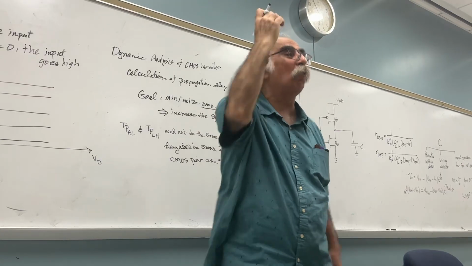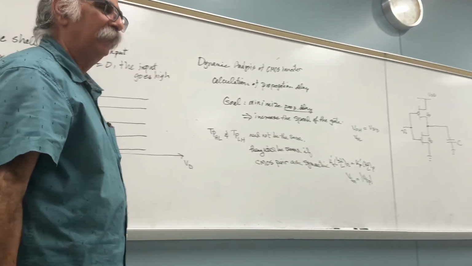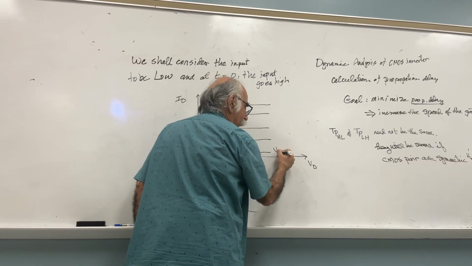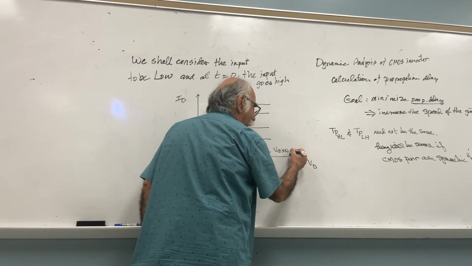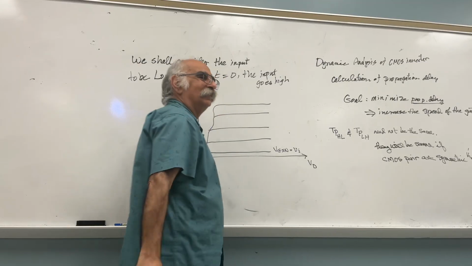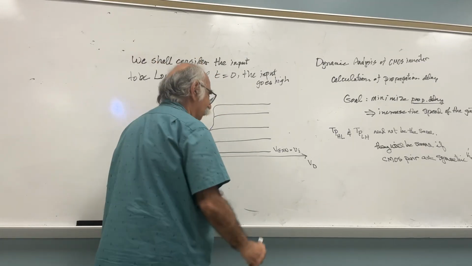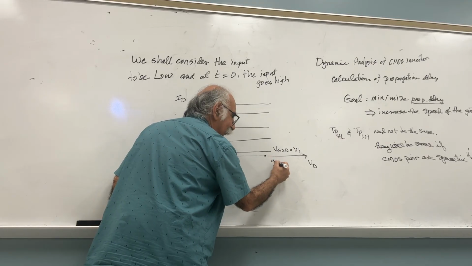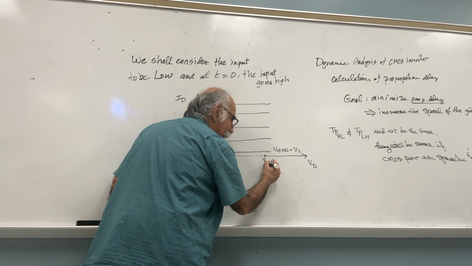So where are we? At t equal to 0 minus. By the way, what are these curves? VGSN, which is VN. Okay, good. Initially, where are we? At point A, what is the voltage?